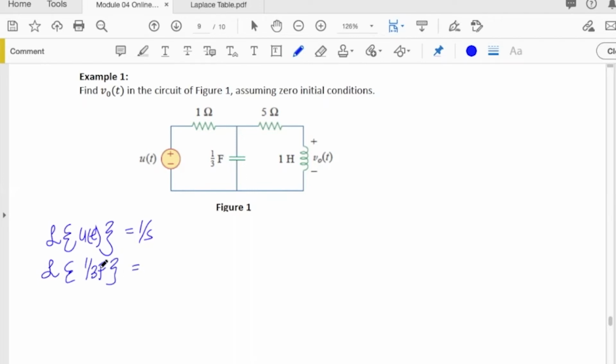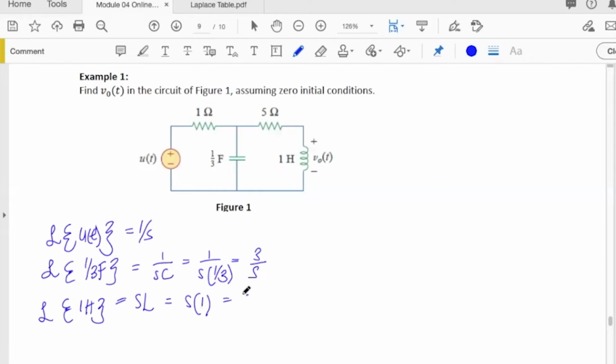If we Laplace transform the capacitor, we get 1 over SC, where C is 1 over 3, so that will give us 3 over S. If we Laplace transform our inductor, which is 1 Henry, we get SL, and since L is 1 Henry, we get S. Finally, the resistors remain the same.